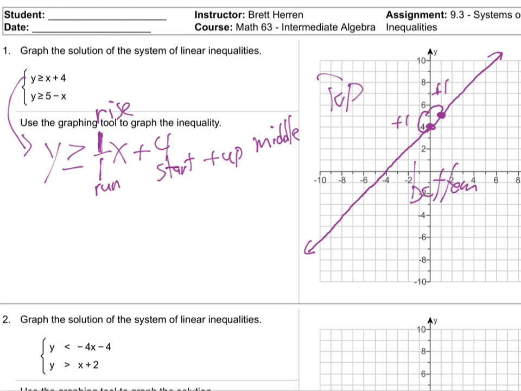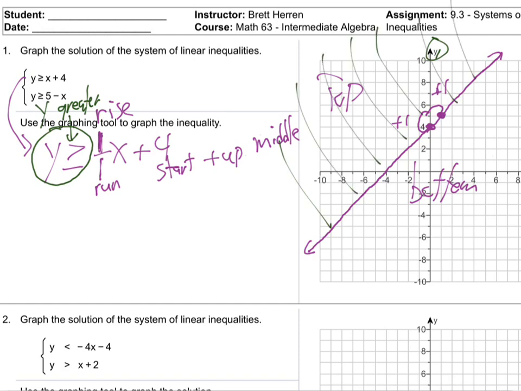What it says right here, it says y greater. It's on the wide side of the mouth instead of the narrow side. So it's saying shade the greater things. Which is greater, top or bottom? Here's the y-axis. Where are the greater numbers? Up. So we're going to shade this. Good so far? We're halfway there.